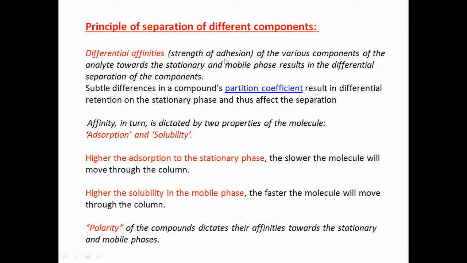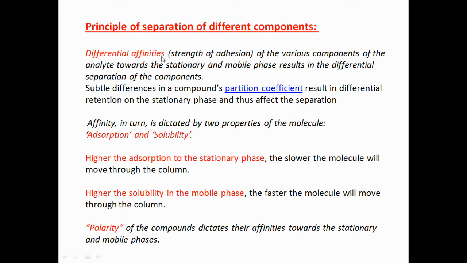When the sample is loaded on the stationary phase, because of its affinity towards the stationary phase, it goes and adsorbs onto the stationary phase. Now, when the mobile phase is running on that stationary phase, the sample may show some affinity towards the mobile phase also. So the sample will show differential affinities towards the stationary phase as well as the mobile phase.